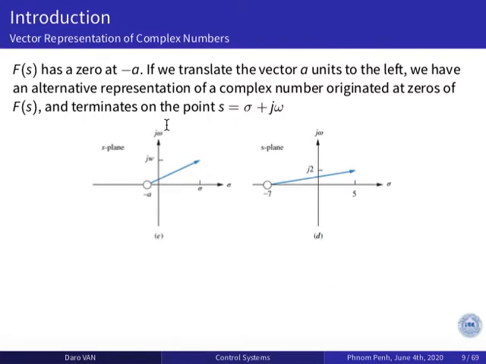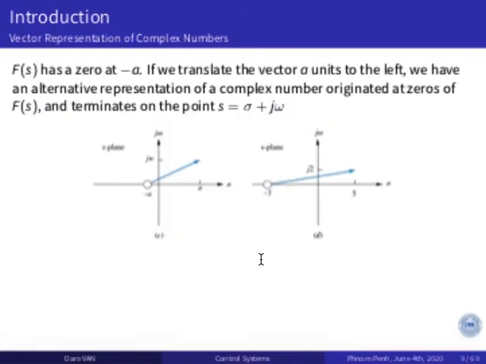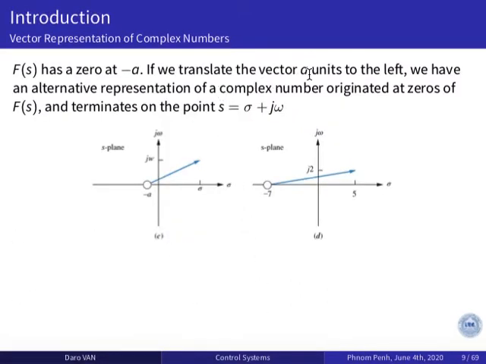Then, as F(s) has a zero at minus a, from this function, if we translate the vector a units to the left, we have an alternative representation of a complex number originating at the zero of F(s) and terminating on the point s, as shown in these figures. Begin with minus a and then terminate at this point.